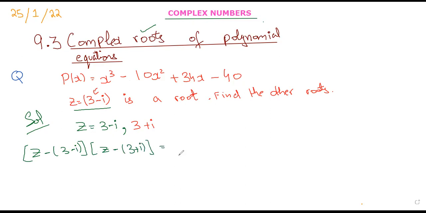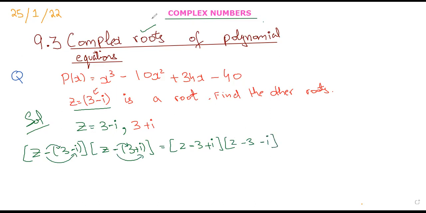This would be z minus 3 plus iota: minus 1 into 3 is minus 3, and minus into minus iota is plus iota, right? Is it clear so far? And then we have z minus 3 minus iota: minus into 3 is minus 3, and minus into iota is minus iota.